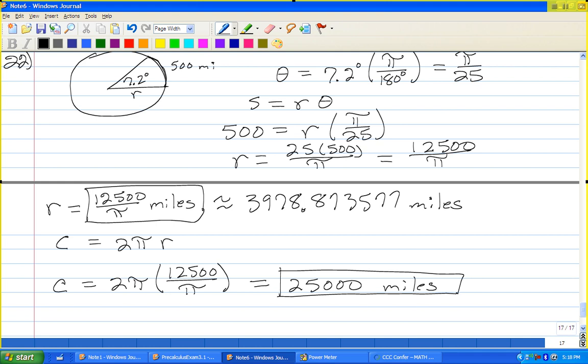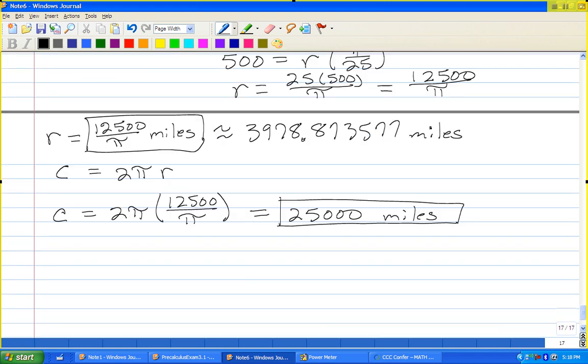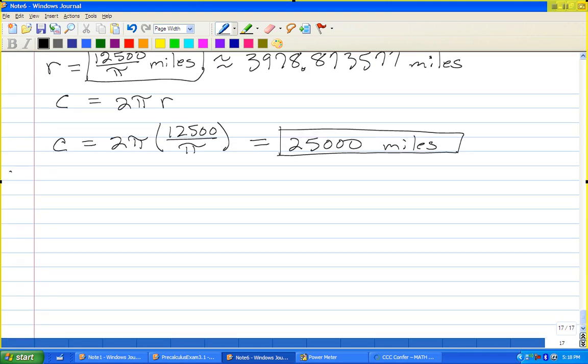Okay, let me do problem number 23. A truck, so you have a truck here which has wheels that have a diameter of 48 inches.